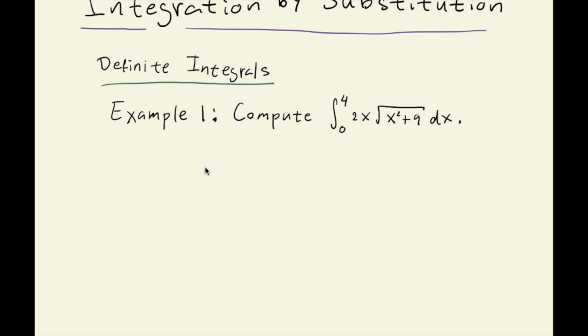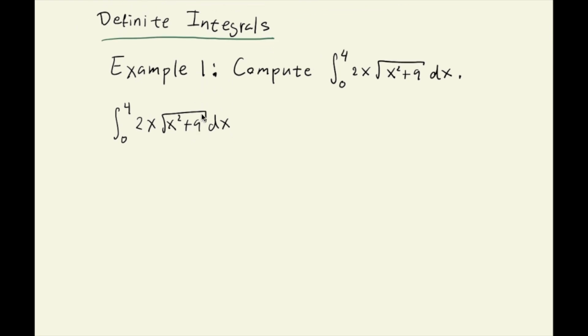I want to start with a simpler one. Okay, so when are you going to use this method? Let me rewrite the integral: the integral from 0 to 4 of the square root of x squared plus 9 times 2x dx. You have to look at your integral, and if you see a complicated function like the square root of x squared plus 9, and you see an expression like x squared plus 9 and its derivative as well, right?